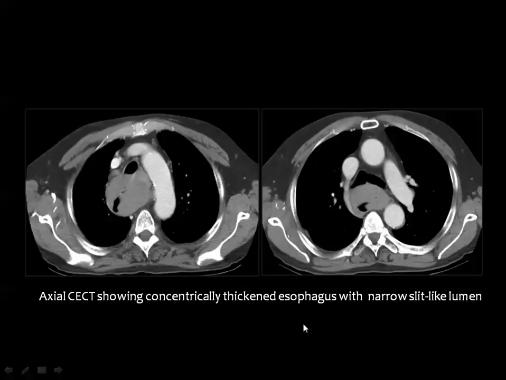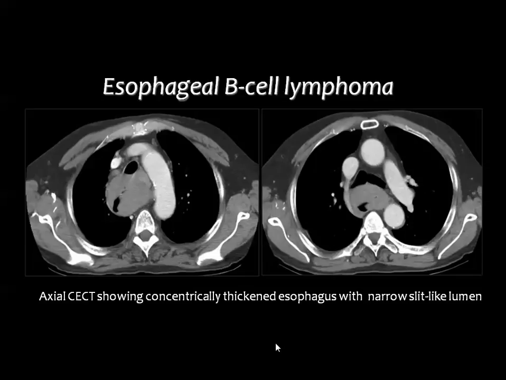And you see a bulky mass with the esophageal lumen containing air within this mass. The possibility of carcinoma should be considered first. But if you go by CT or by endoscopic biopsy, sometimes you get the result as B-cell lymphoma.